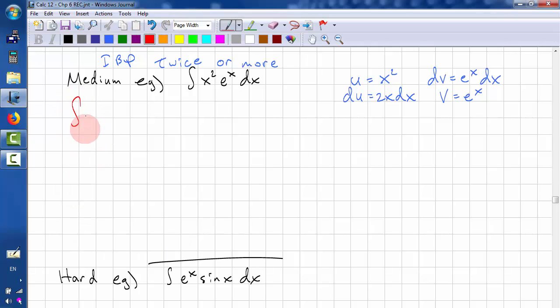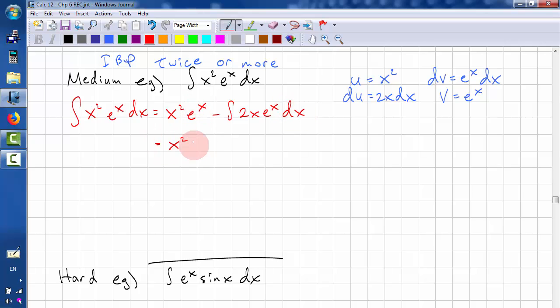So we have the integral of x squared e to the x dx equals uv, so x squared e to the x, minus the integral of v du. So that's 2x e to the x dx.